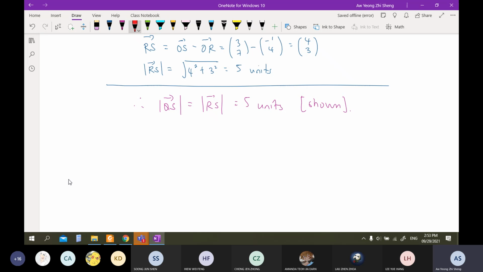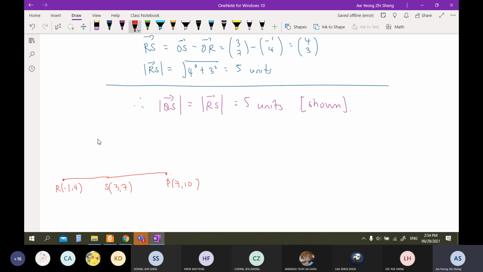So you have your R at (-1, 4) here, S with the coordinates (3, 7), then P with the coordinates (7, 10). If you want to be more accurate, your RSP should actually be sloping upwards, because the y coordinate increases.